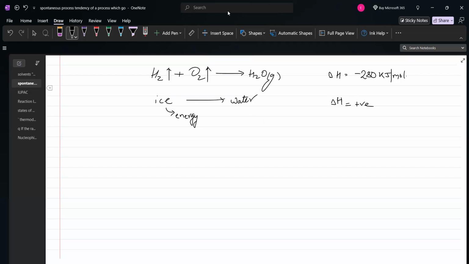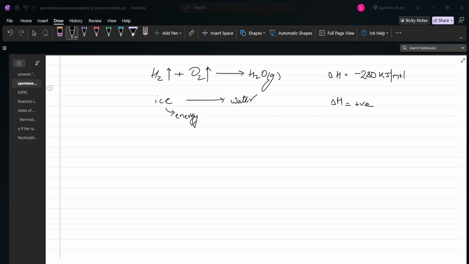Are you getting me? Delta H is positive here, everyone. Delta H is positive since the ice is absorbing energy. So the delta H is positive here.